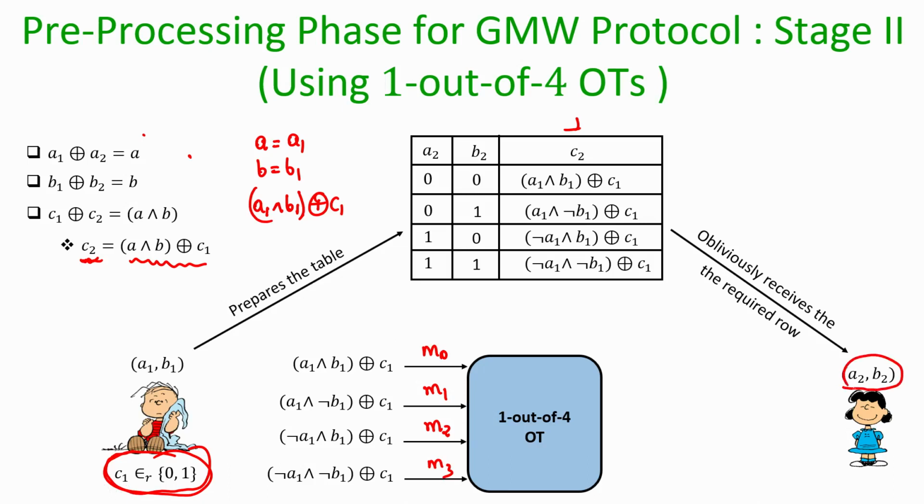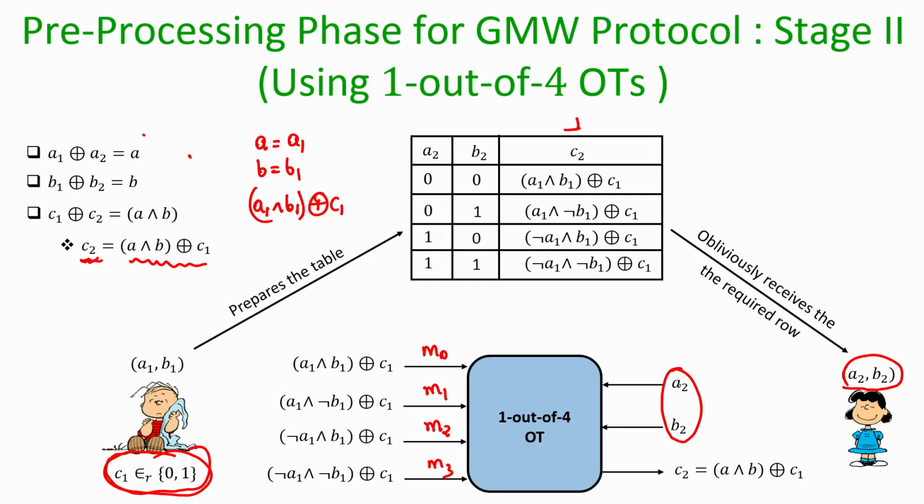and the second party P2 acts as a receiver for this OT instance. So, she has to provide 2 input bits, because this is an instance of 1 out of 4 OT. So, her selection bits will be A2 B2, and depending upon the value of A2 B2, the correctness of the 1 out of 4 OT instance will ensure that she gets the corresponding row of this table which the sender has prepared.